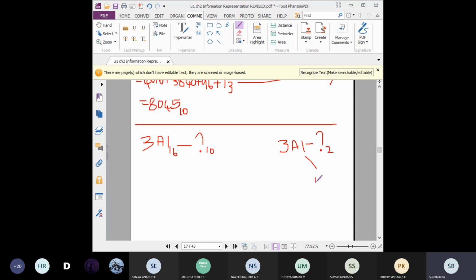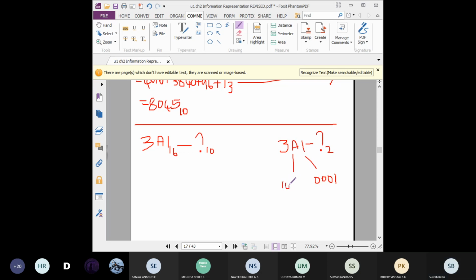So 1, you know that is a 4-digit number: 0, 0, 0, 1. That's all. Then A is 10. Its equivalent binary number is 1, 0, 1, 0.